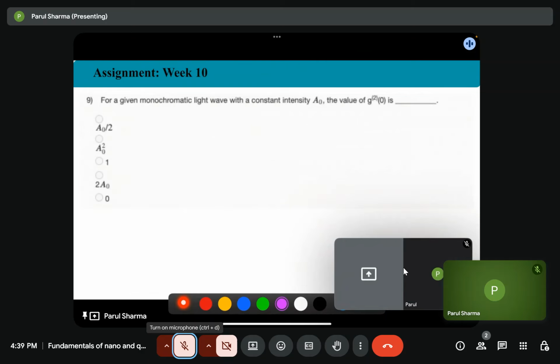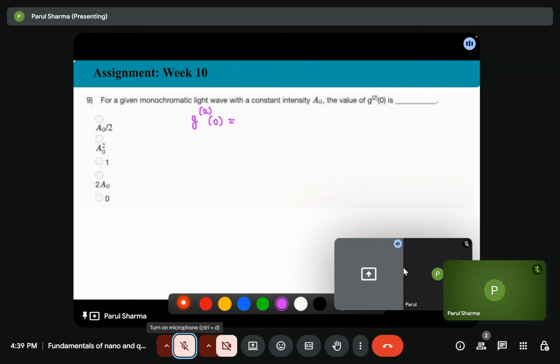Next is: for a given monochromatic light wave with a constant intensity A naught, the value of G2 at time 0 is?